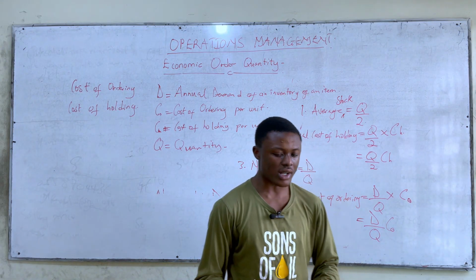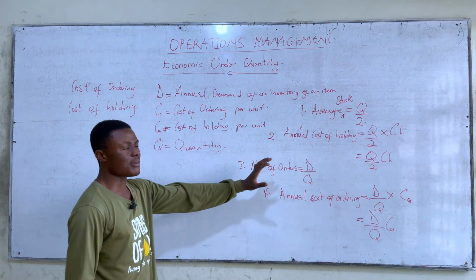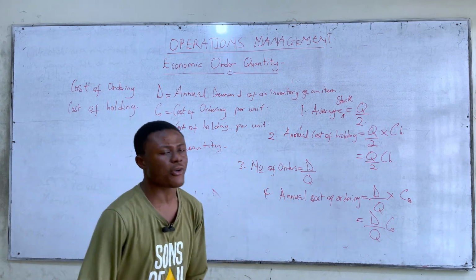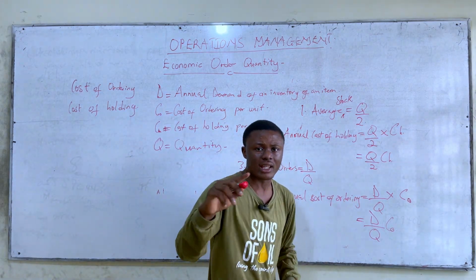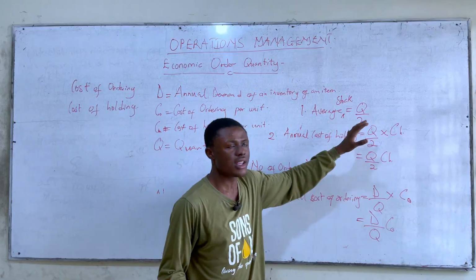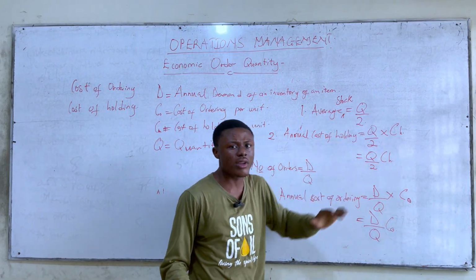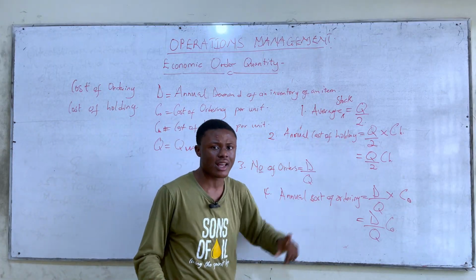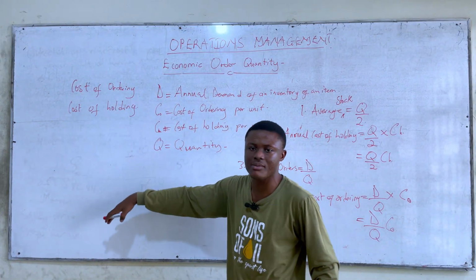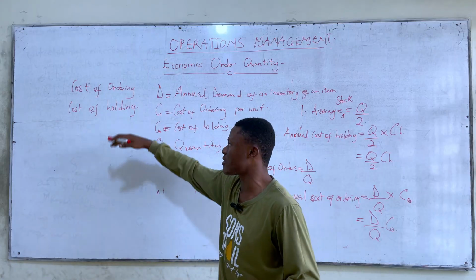If you have been able to establish this, how do we find our Q, which is our EOQ? The Q can also be called EOQ, economic order quantity, but you can call it Q. How do we find it if we know that our cost of ordering is the same as our cost of holding?